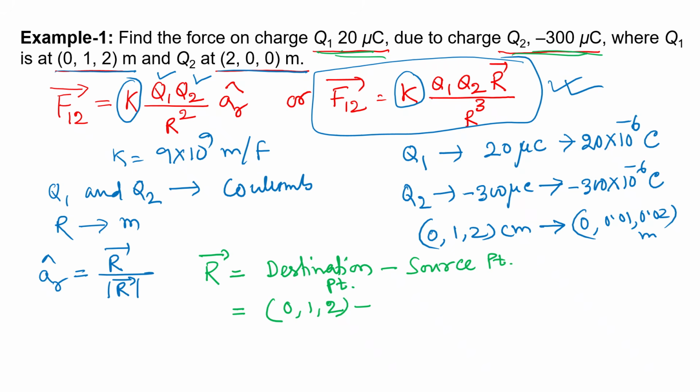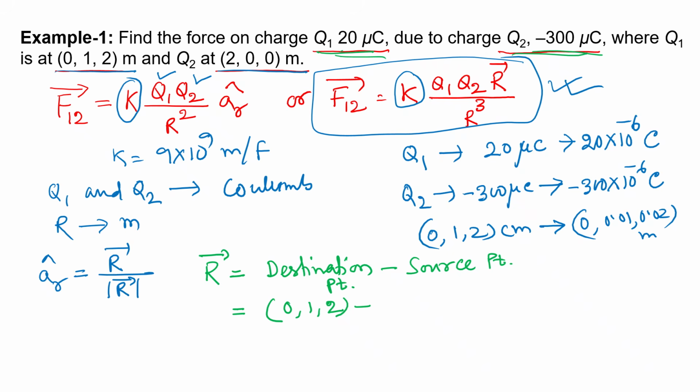So what we will do while calculating r vector is first identify the destination point. Destination point means the point at which we want to calculate the force, and minus source point is the point because of which we want to calculate the force.